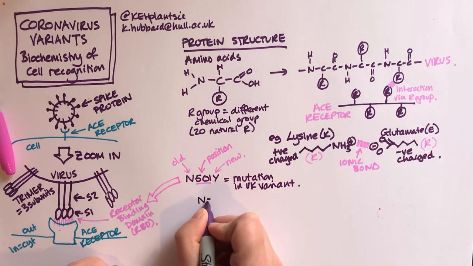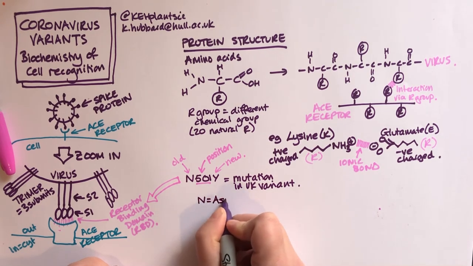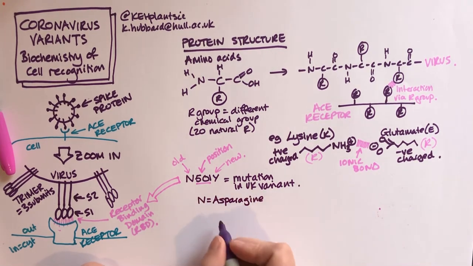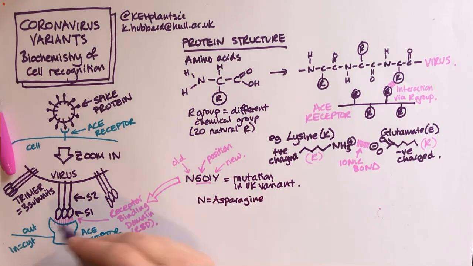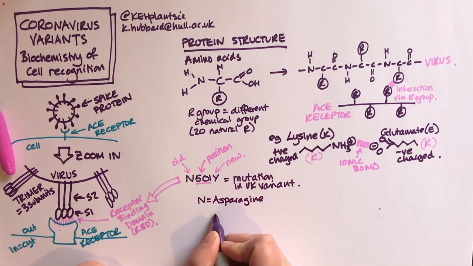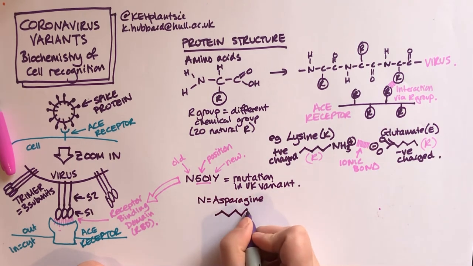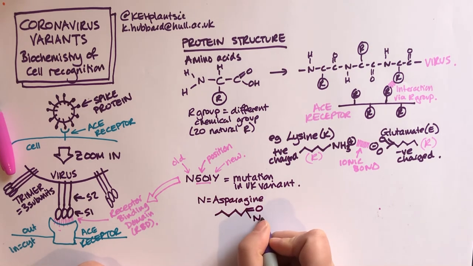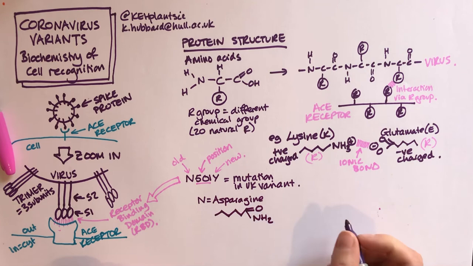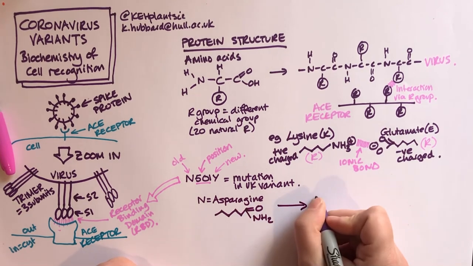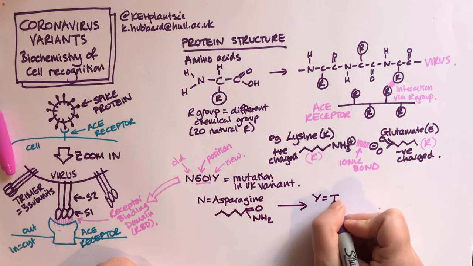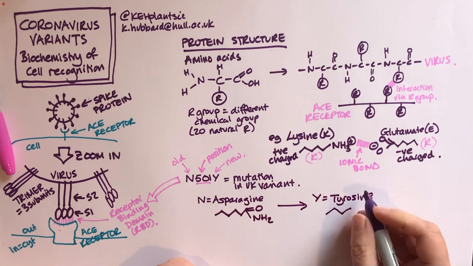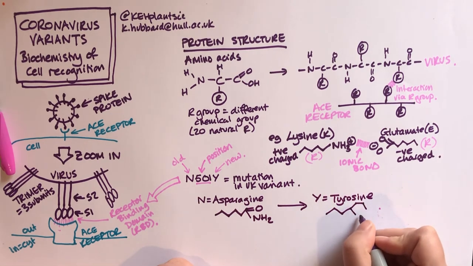N is the amino acid asparagine. In the old version of the spike protein, we had an amino acid that had this chemical structure. It has a double bond oxygen and an NH2 group. And that's been changed for the amino acid Y, which is an amino acid called tyrosine, which has quite a different chemical structure.